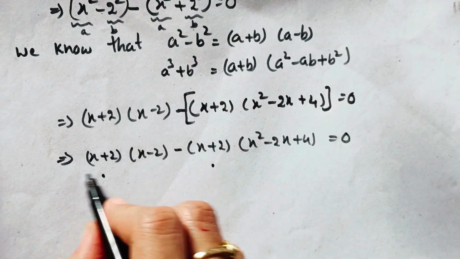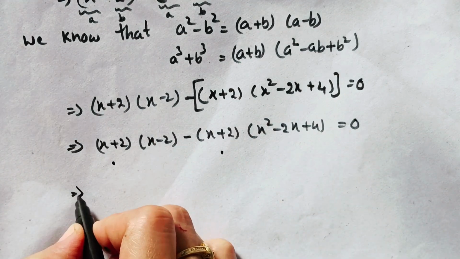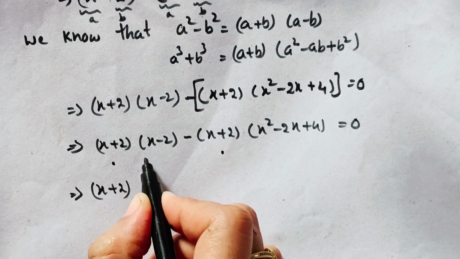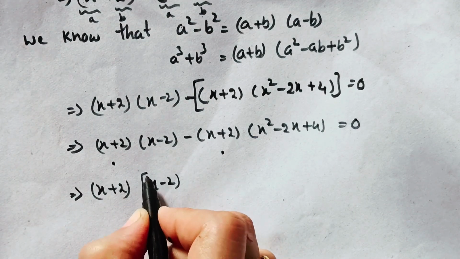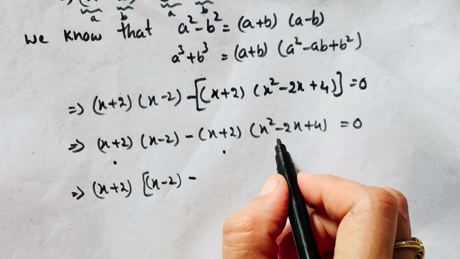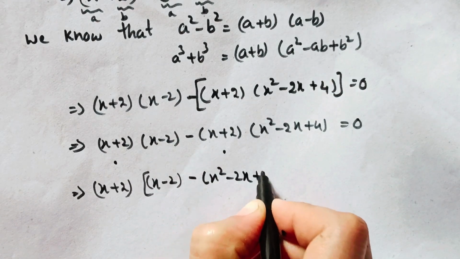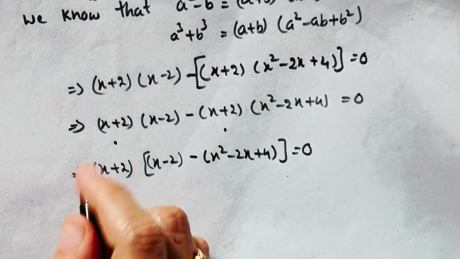So x plus 2 is the same, that's why I am taking x plus 2 as common. Then x plus 2 of the remaining part, which is x minus 2, then minus of x square minus 2x plus 4, equal to 0.